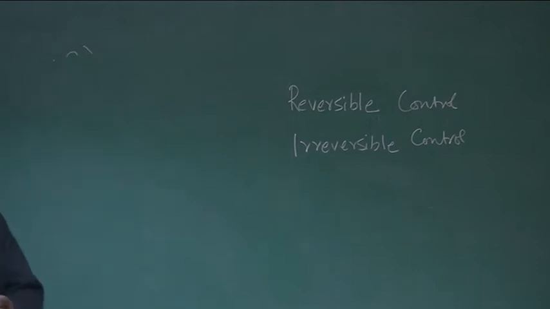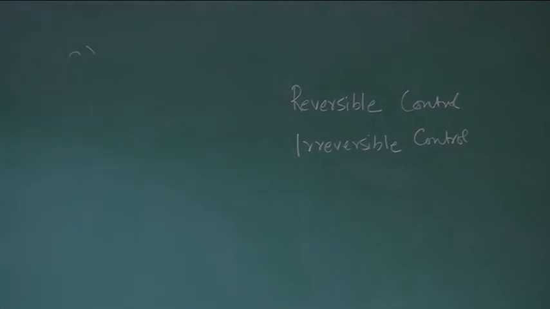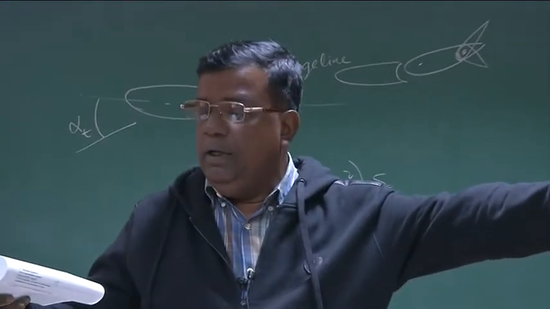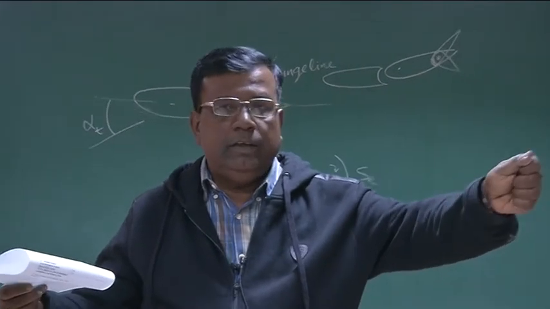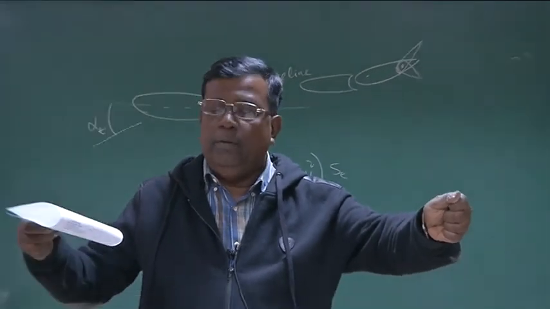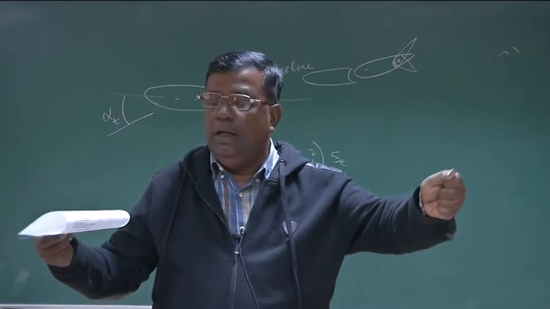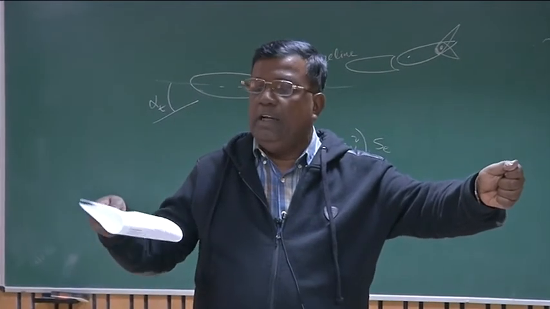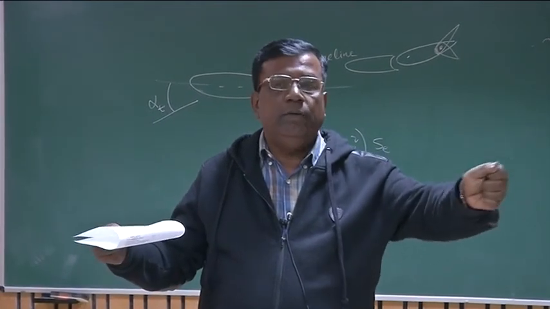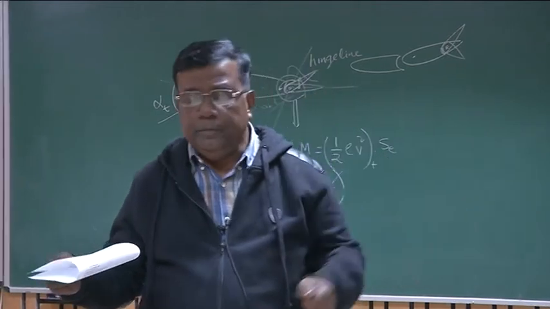Now suppose this is the elevator, right? And there is a stick in the cockpit. If I move the stick, then the elevator will move up or down depending upon how it is designed. Similarly, if I move the elevator up and down, the stick also will move forward or backward, right?